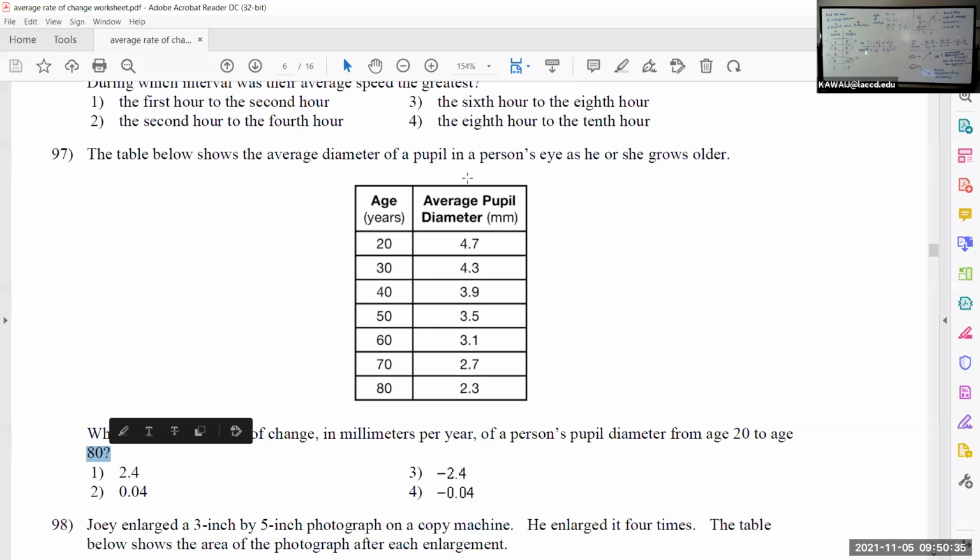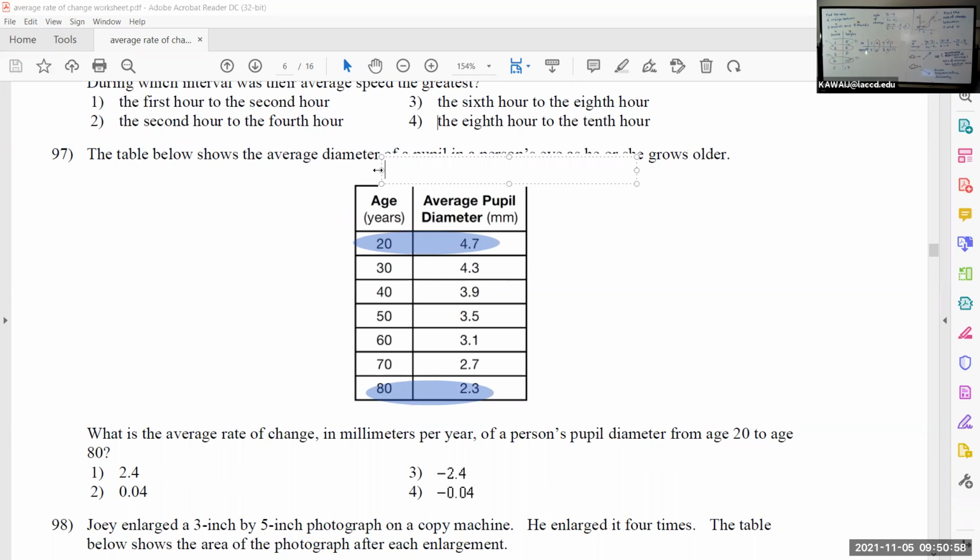Okay. Oops. Huh, doesn't want to stay. So what we're looking for is age 20 to age 80. And because they're mentioning 20 to 80, we know that this is my X column here.